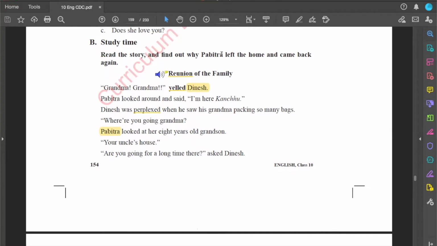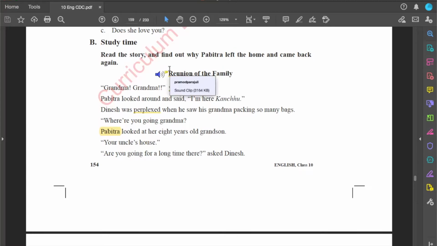We don't know which Pavitra yet; maybe it will be clear when we go through the text. So we have to focus on finding out why Pavitra left her home, why she came back again, and who Pavitra is.